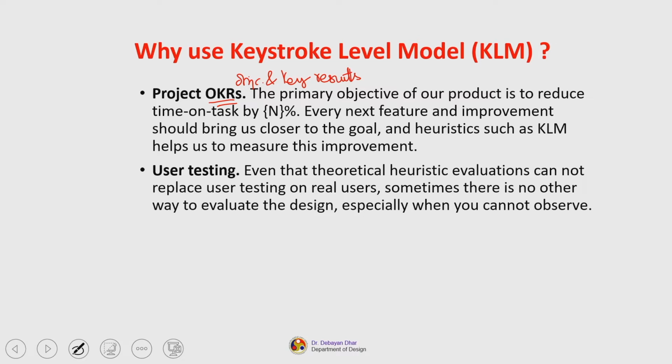So, in KLM, which is the keystroke level model, the primary objective is to reduce time on task. We are interested to reduce this time metric. We want to reduce time for task completion.